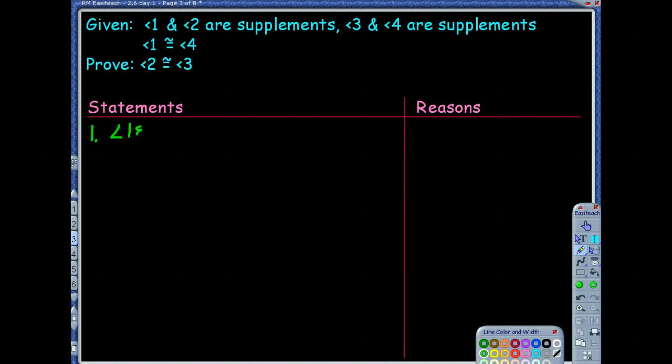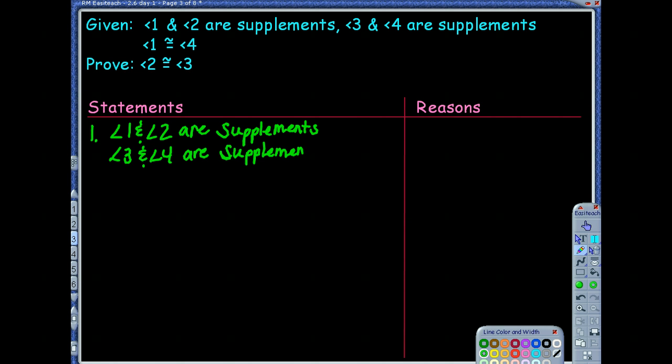Okay, so I know that we have 2 sets of supplements, and I'm looking at the other part of the given, angle 1 is congruent to angle 4. I notice that there's a 1 and a 4 in the other part of the given, and I'm trying to talk about how 2 and 3 are congruent.